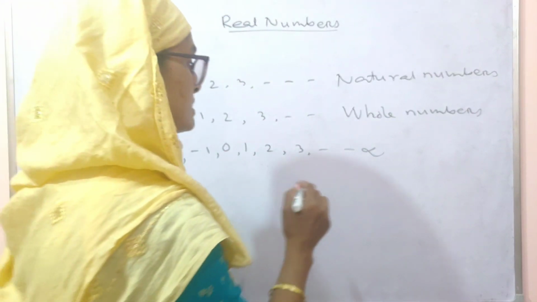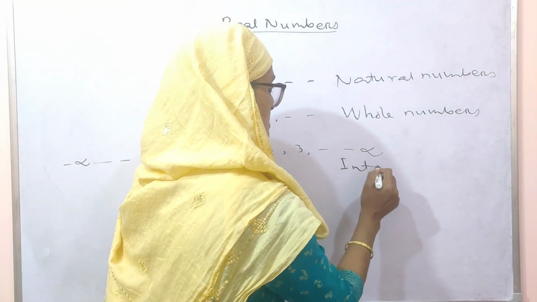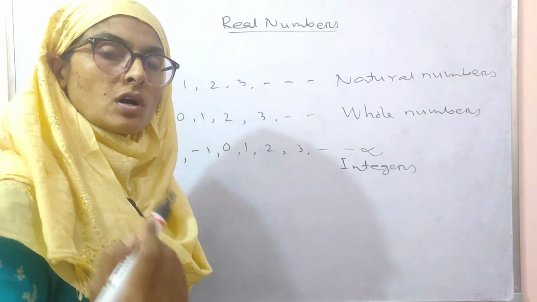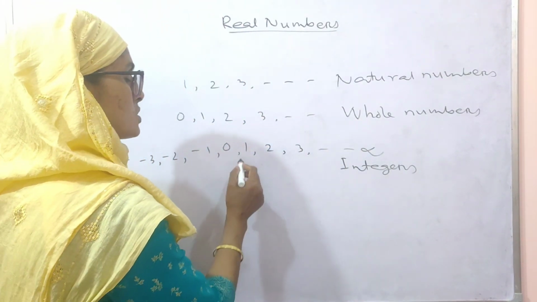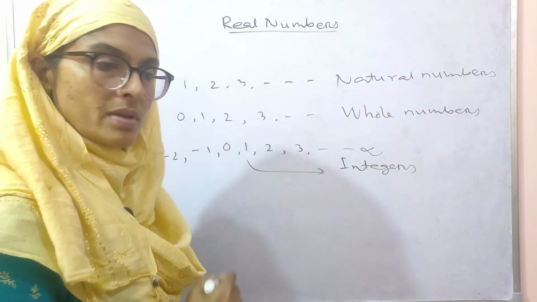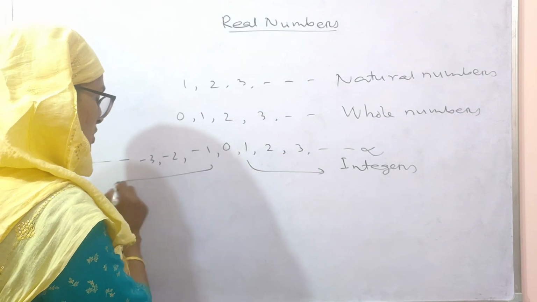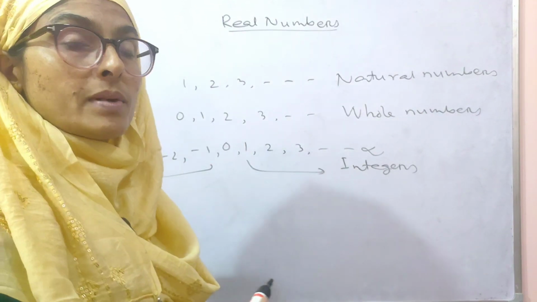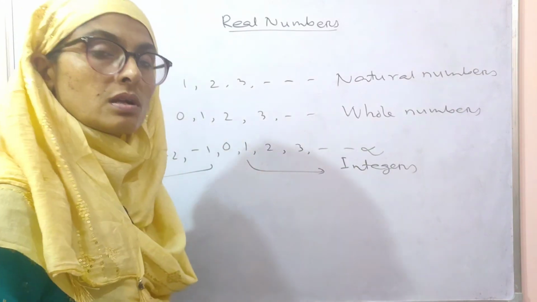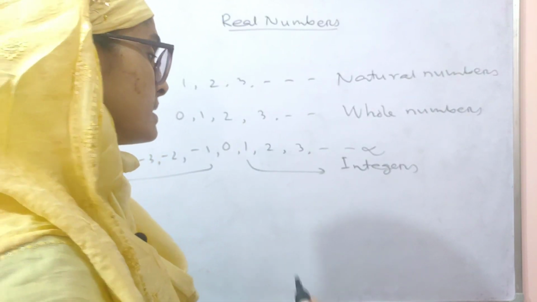These are called integers. 0 is neither positive nor negative. Remember this one. From 1 to infinity, these are natural numbers. From minus 1 to minus infinity, these are negative integers, and all together are called simply integers.